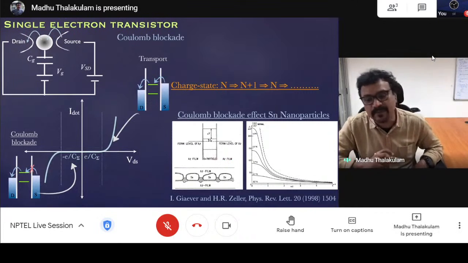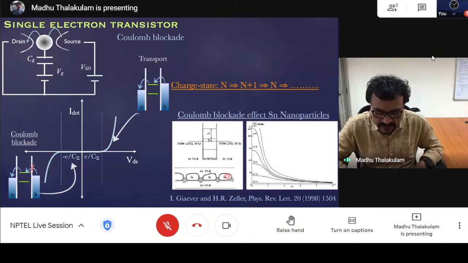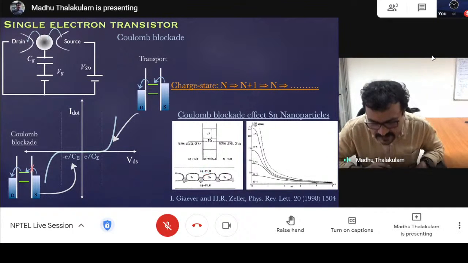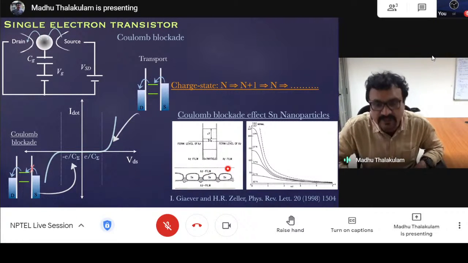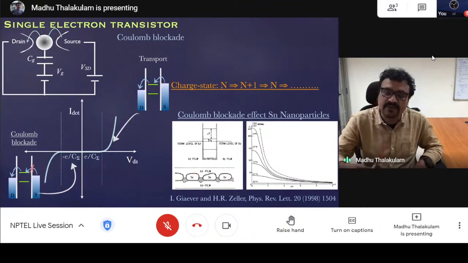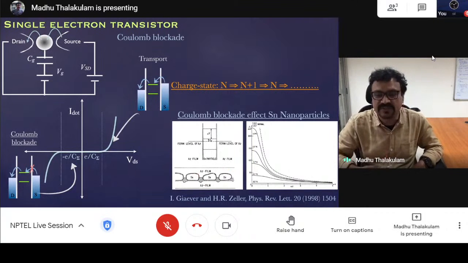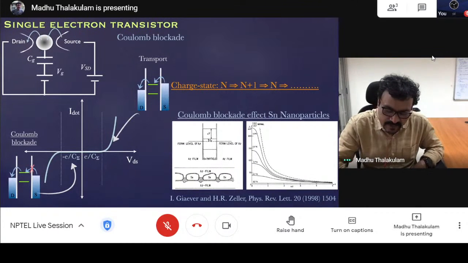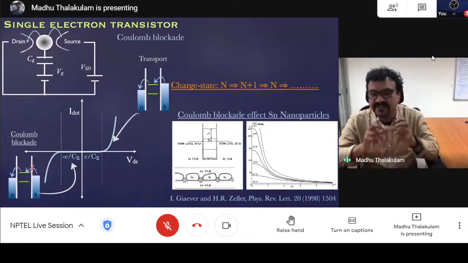in this landmark paper. What they had is a lot of grains of tin deposited onto a substrate, and they tried to measure the vertical transport through this, because that involves pumping electrons from the top to bottom through these small grains.